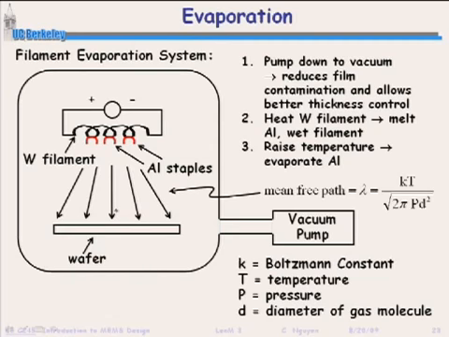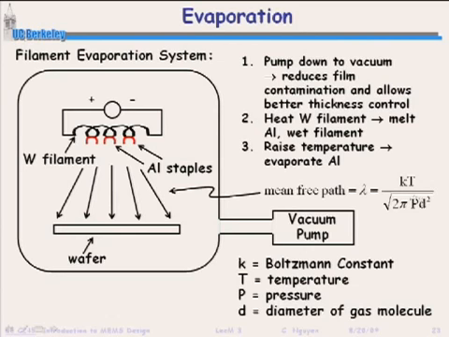Okay, so mean free path is given by this expression. So lambda is the mean free path. It's a distance in meters. kT, Boltzmann constant times temperature, divided by 2 pi times pressure, P, times the diameter of the gas molecule squared. Okay, so yeah, it's a gas, aluminum, or whatever the metal it is. And so pressure becomes important, right? You want that pressure to be very small.